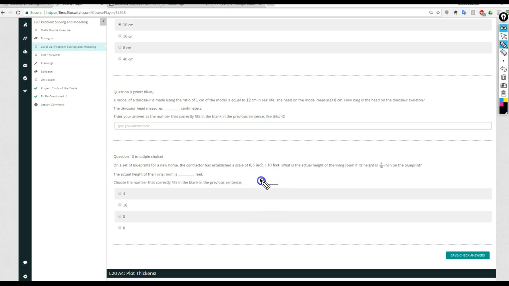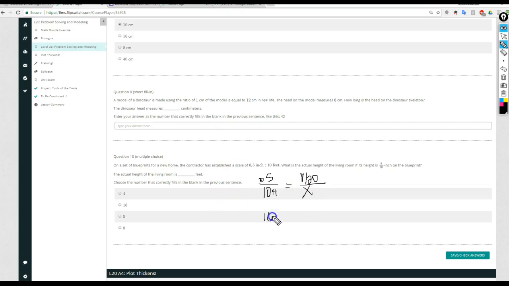So we have 0.5 inches on the blueprint is proportional to 10 feet in real life. So then that means that we have 8/20 on the blueprint, and I want to know how many feet that is in real life. Since my unknown is in my denominator, I'm going to use the reciprocals.